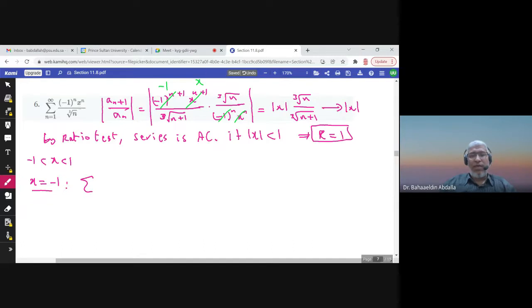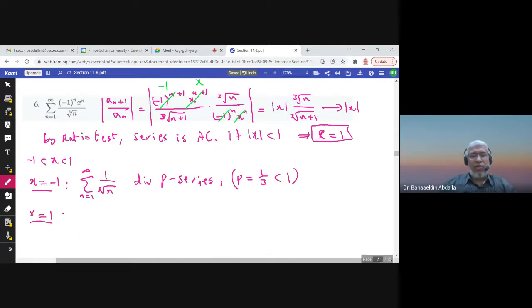If I take x negative 1, the negative 1 to the power n will be multiplied and it would be 1 to the power n. So I will have 1 over cube root of n. Well, this is a divergent P series because p is 1 over 3, less than 1.